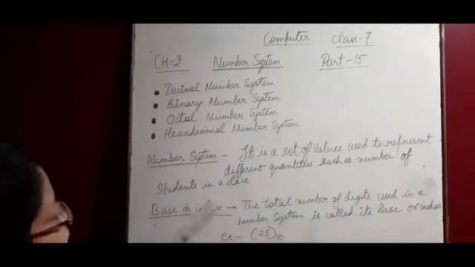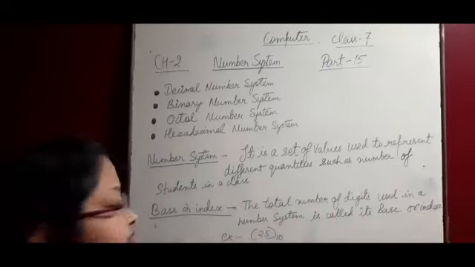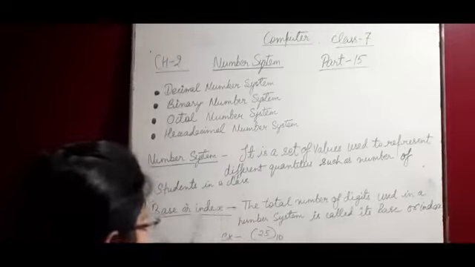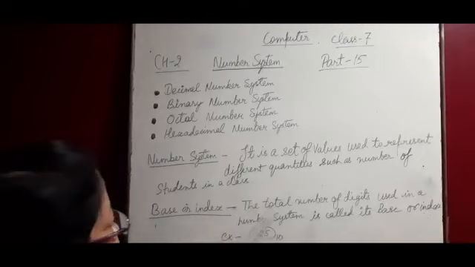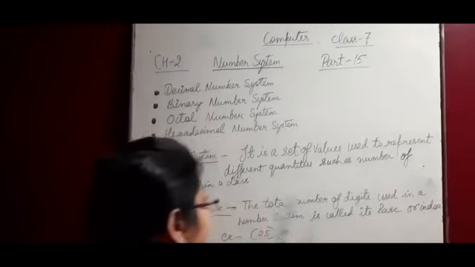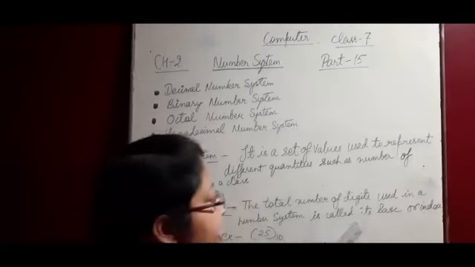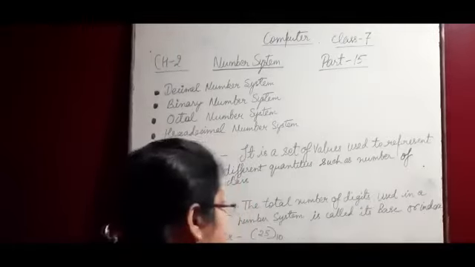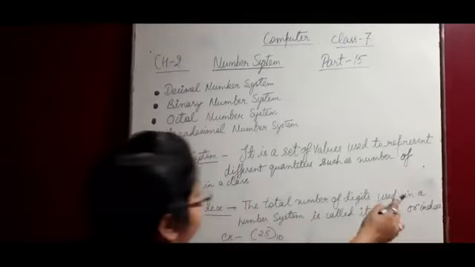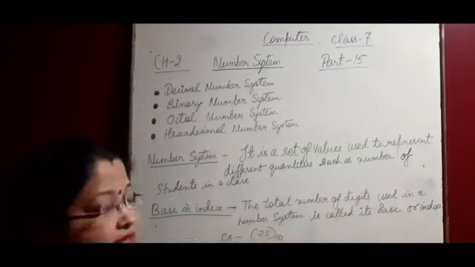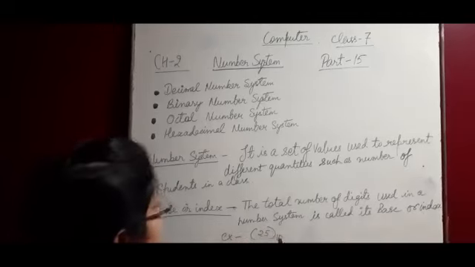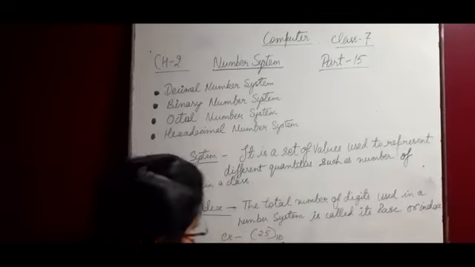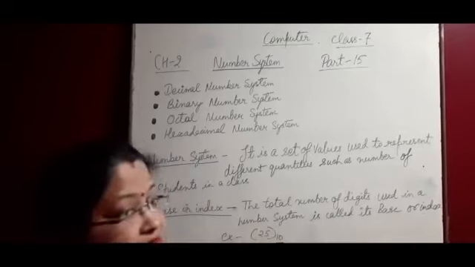Now the second point: the base or index. What is base or index? Base we can also call index. The total number of digits used in a number system is called its base or index. For example, in the decimal number system, take 25, but the base number is 10.